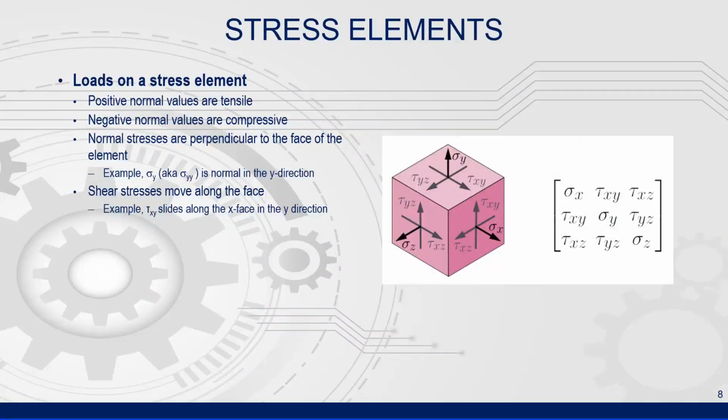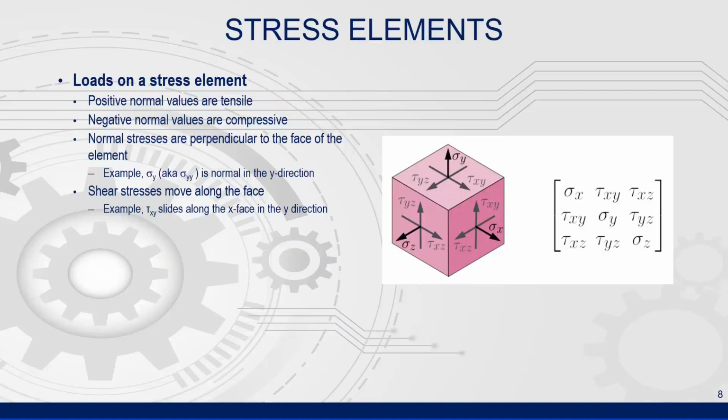A stress that results in the elongation of the machine member is a tensile stress and is represented on the stress element as an arrow pulling away from the face. A stress that results in compression of the machine member is a compressive stress and is represented on the stress element as an arrow going into the face.